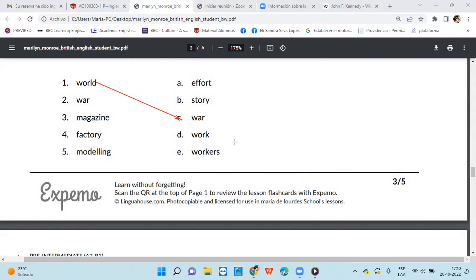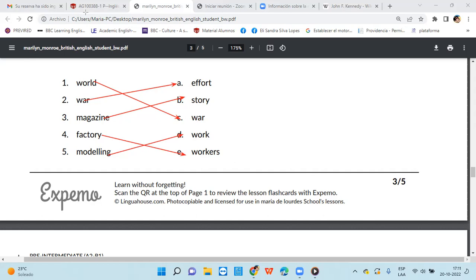War effort. Exactly. 3, Loreto. Magazine story. Right. The next one, Catalina. Factory workers. And then Alexis, modeling work. Okay.